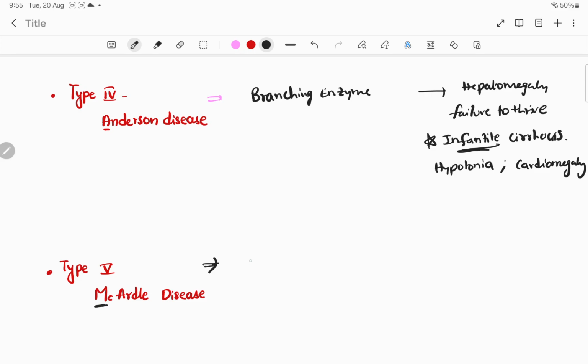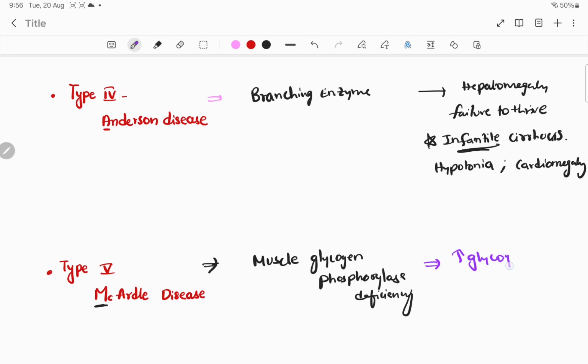And last is McArdle's disease. M for M, muscle. So muscle glycogen phosphorylase deficiency. Here the patient presents with increased glycogen stored in the muscle, unable to utilize the glycogen stored in the muscle, so glycogen deposits will be seen in the muscle.